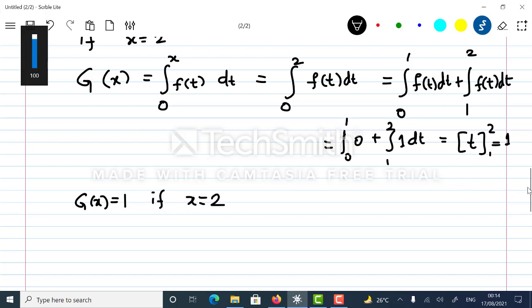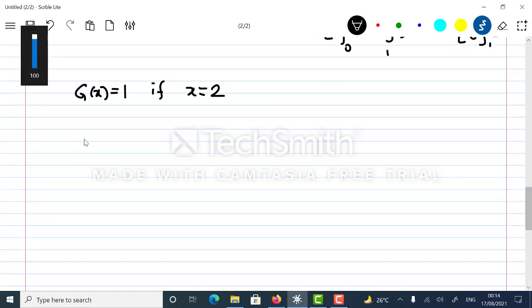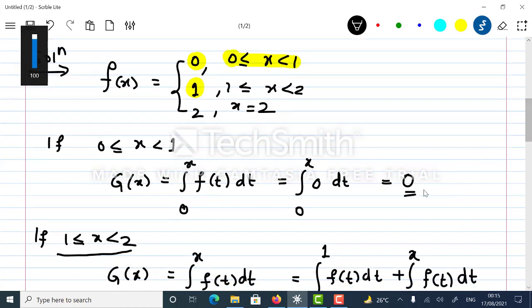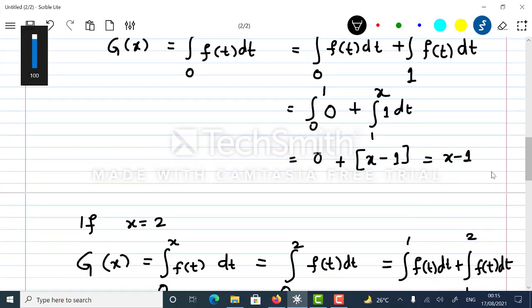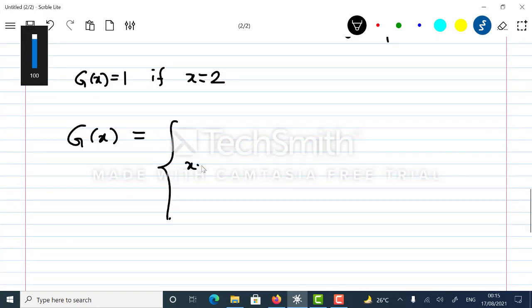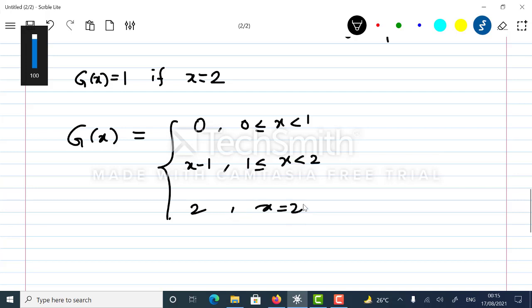So in all, I can write down now my g of x. So g of x is equal to, in first case we got it as 0, in second case we got it as x minus 1, and in third case we got it as 1. So 0 if x is between 0 to 1, x minus 1 if x is between 1 to 2, and 1 if x is 2.